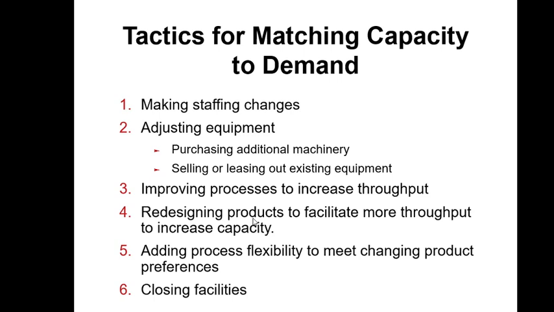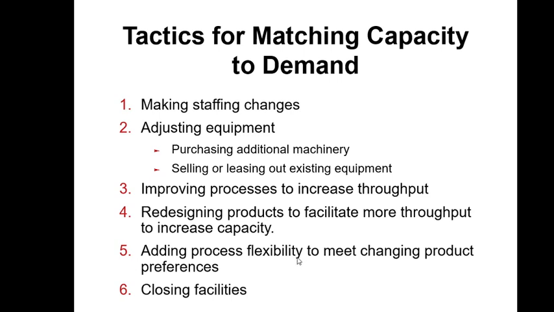You will reduce some parts in a way that will not affect the quality and features of the products, in order to increase your throughput, and in this way you can produce more to meet your demand.